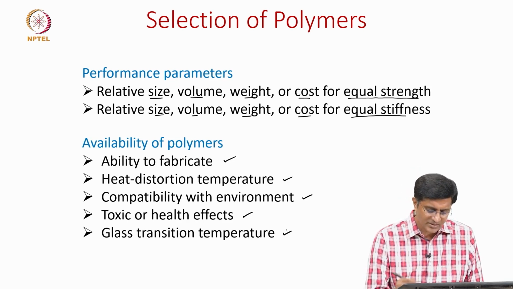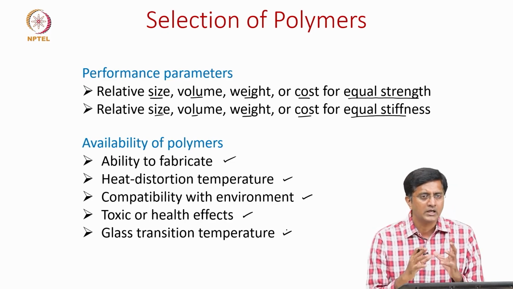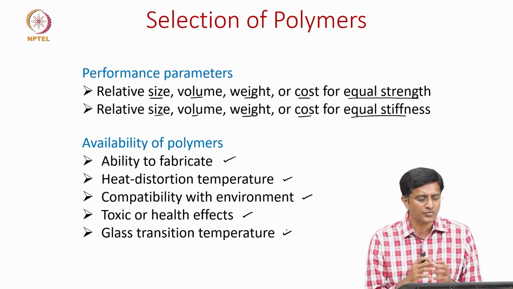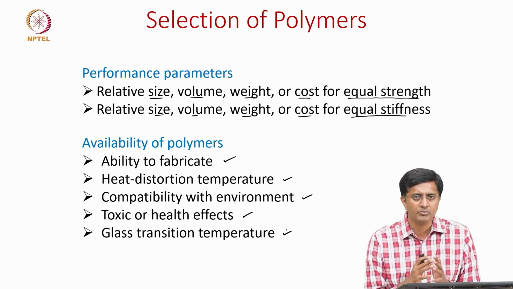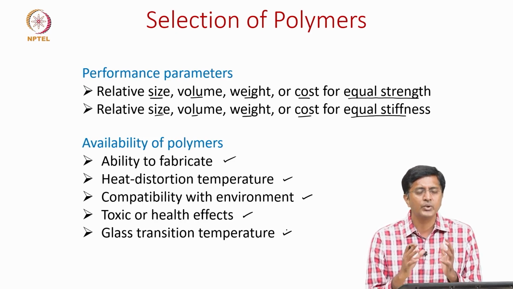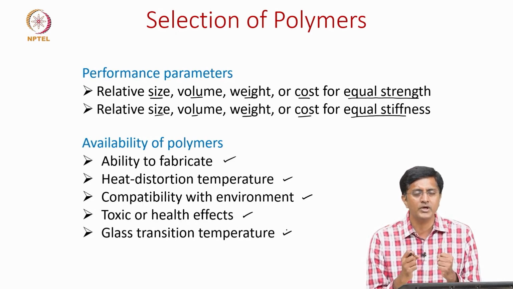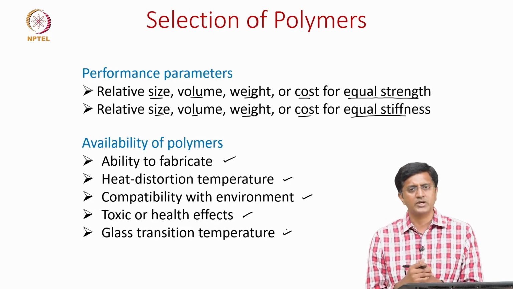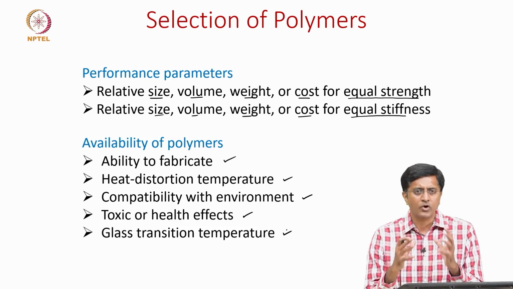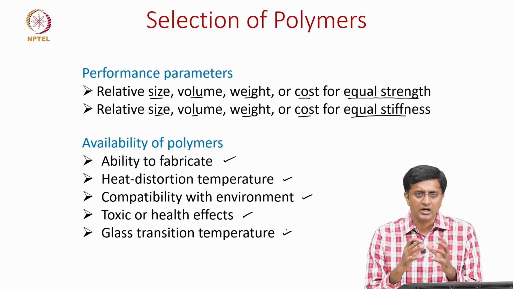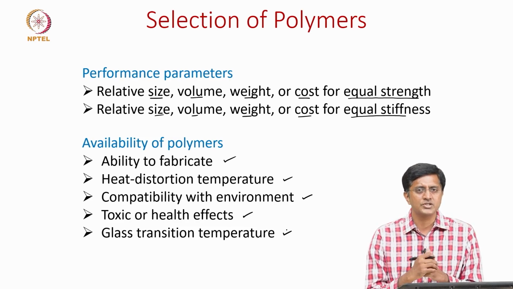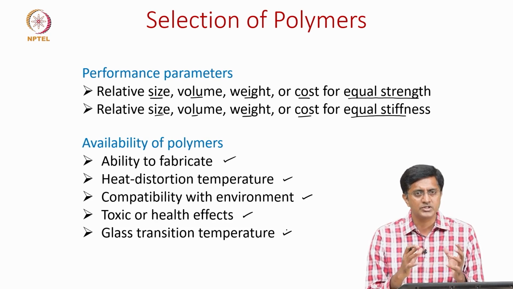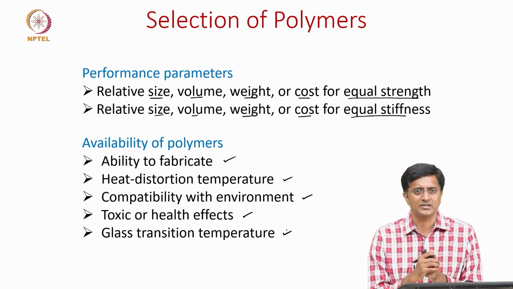And of course, the glass transition temperature, as we have discussed at length in this course, is a very important criteria, because that helps to give a sense of how the polymer behaves with changes in the temperature. For example, we have already seen this multiple times, that if your operating temperatures are well below the glass transition temperature, the material is hard and it is in a glassy state.